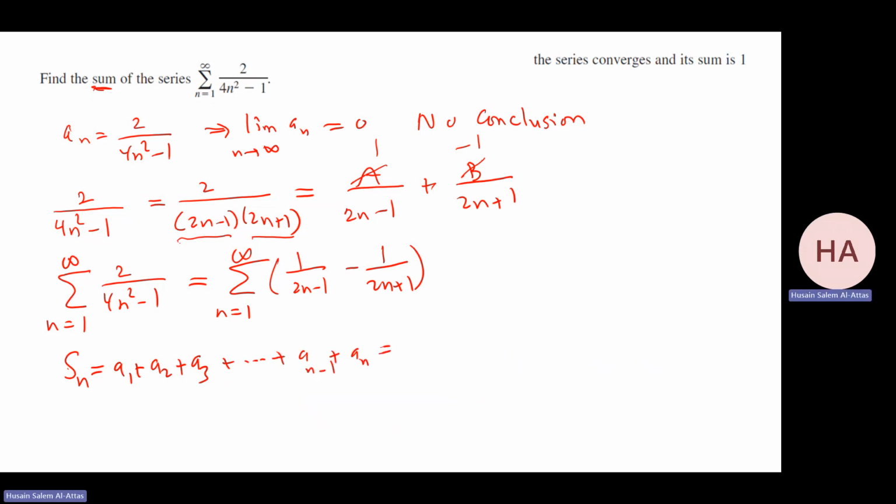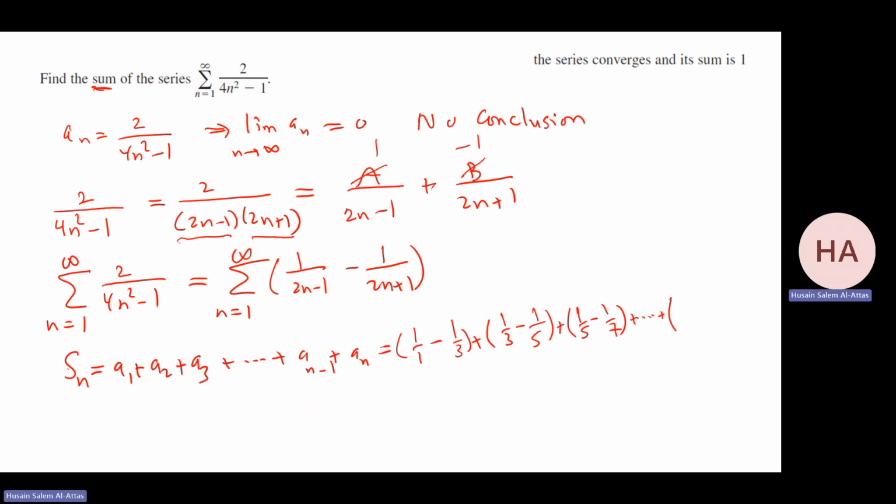Let me see what will happen. For n equal 1, 1 over 2 minus 1, that is 1 over 1, minus 1 over 3. Plus, n equal 2, 1 over 3 minus 1 over 5. Now it is very clearly telescoping. n equal 3, 1 over 5 minus 1 over 7, plus.